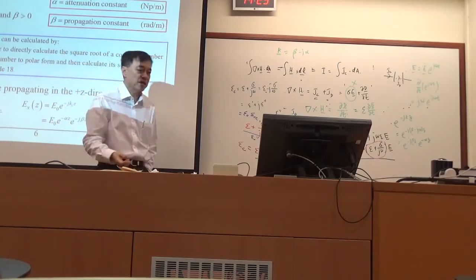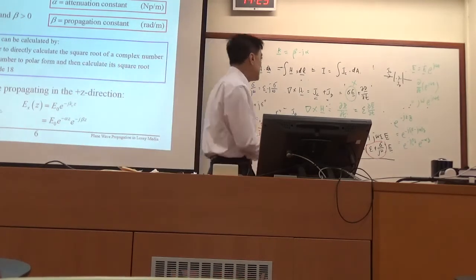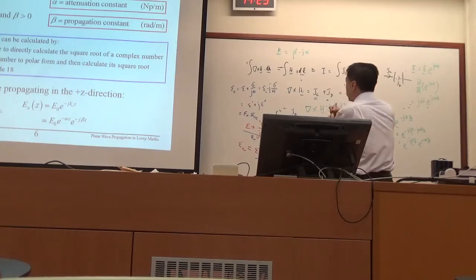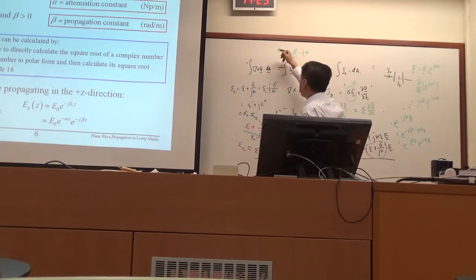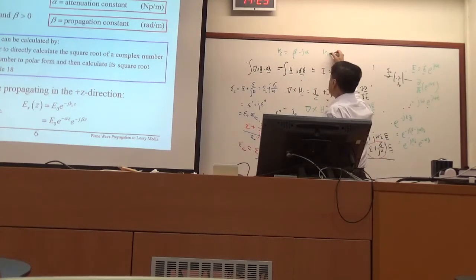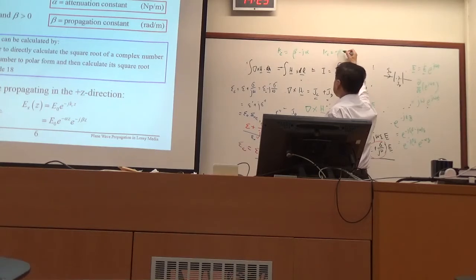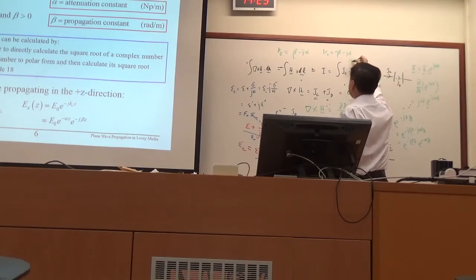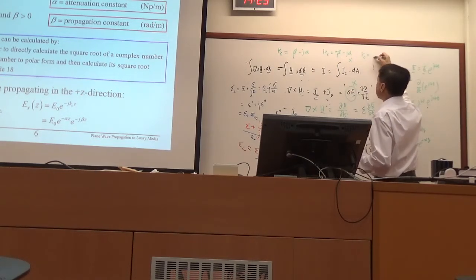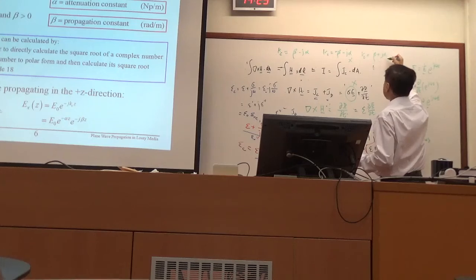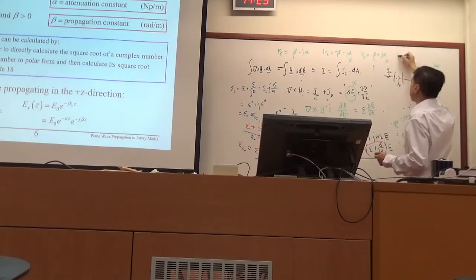Alright, why must Kc be equal to this? Why can Kc not be equal to the other?